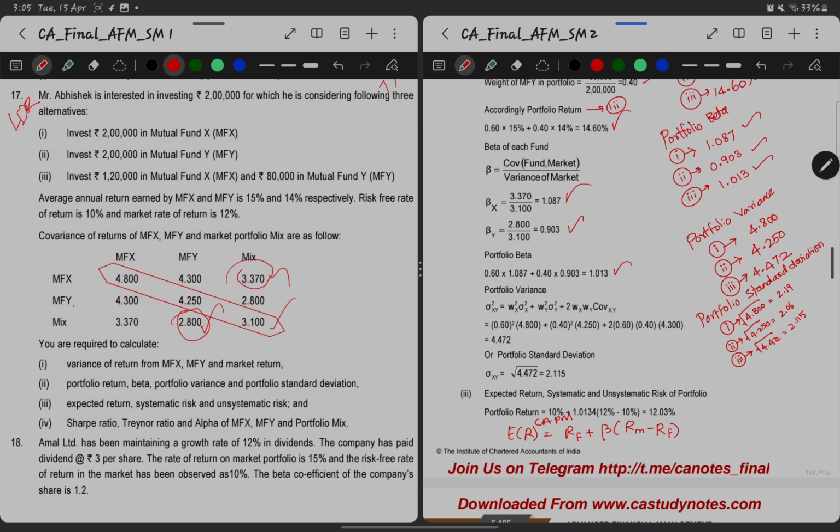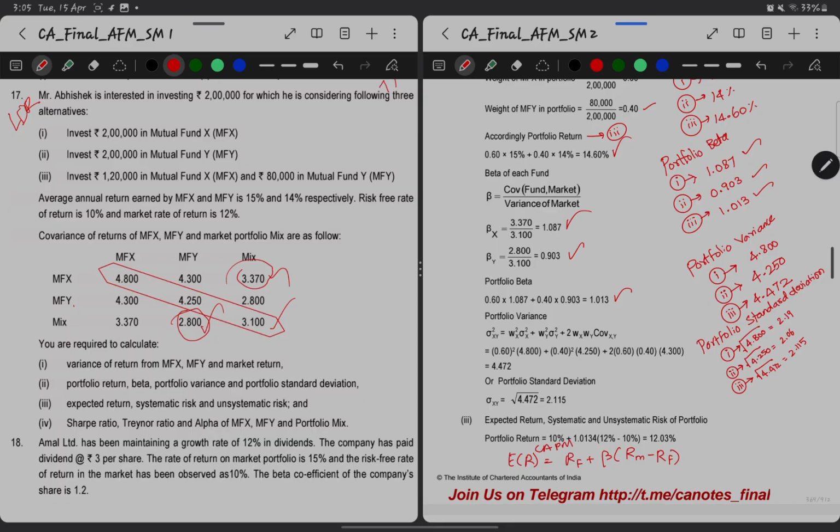Now the next is portfolio variance and standard deviation. Whatever the variance for MFX and MFY is will be the variance for the first and second alternatives.